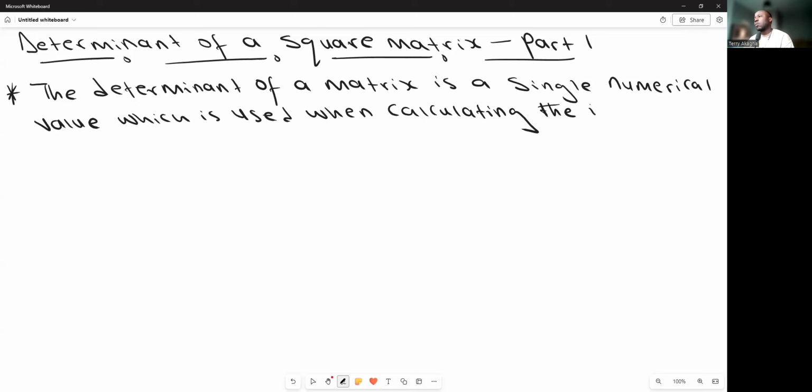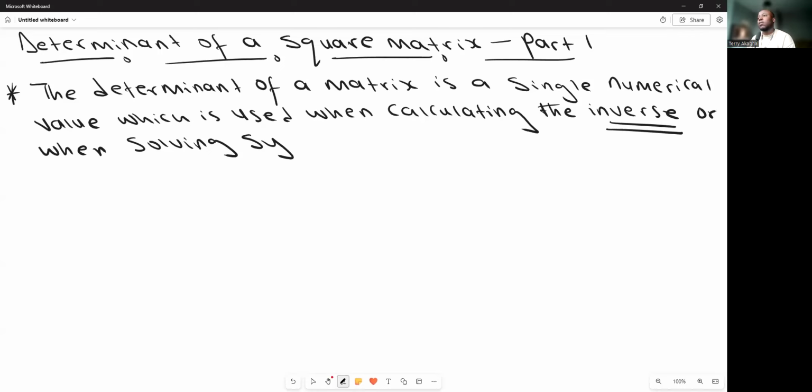Okay, so it's used when calculating the inverse. We'll talk about how to calculate the inverse very soon, or when solving systems of linear equations. So you can use it when calculating the inverse or solving a system of linear equations.